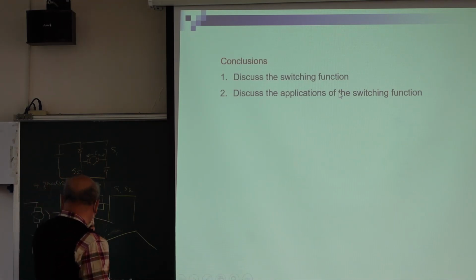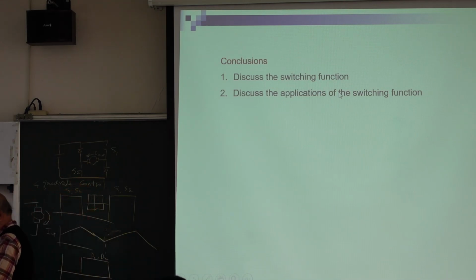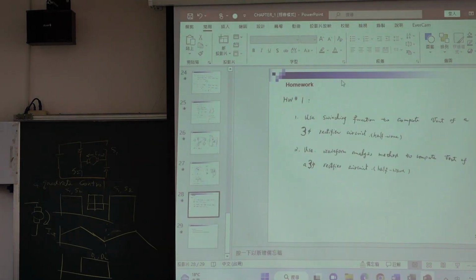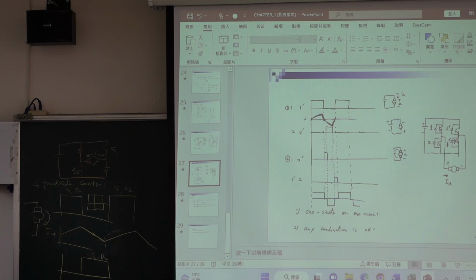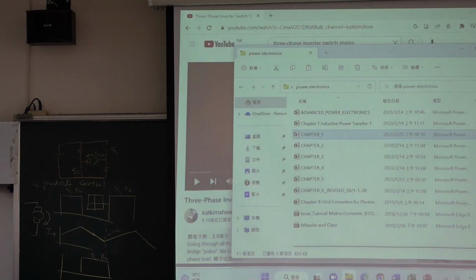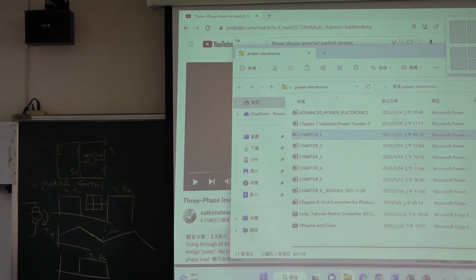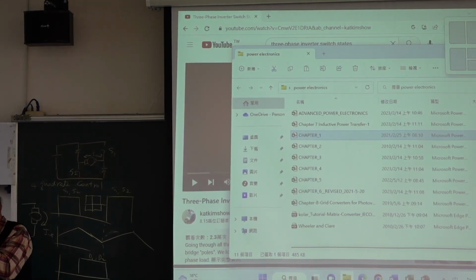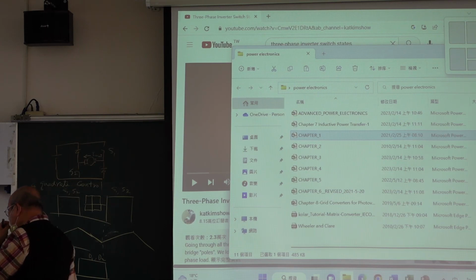So we can develop our own philosophy to design the power converter. So this is the end of this chapter, and the next chapter will be the inverter, or we call it the DC to AC converter. First we will watch a video to learn what a DC-AC converter is, the general idea of the DC-AC converter.